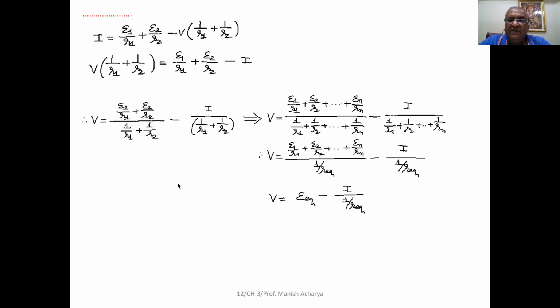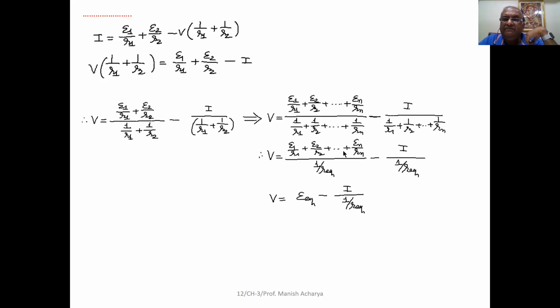But suppose n cells are connected in parallel, then we can extend the numerator for the first term like this. V equal to E1 upon R1 plus E2 upon R2 plus up to En upon Rn divided by 1 upon R1 plus 1 upon R2 plus 1 upon R3 up to 1 upon Rn, minus I upon 1 upon R1 plus 1 upon R2 up to 1 upon Rn.